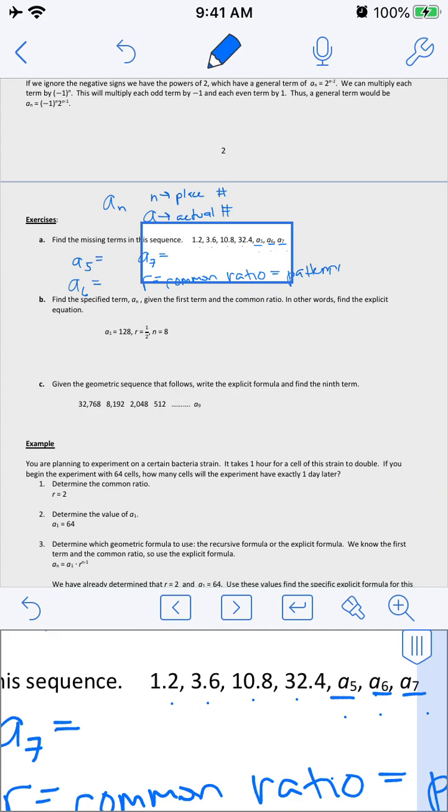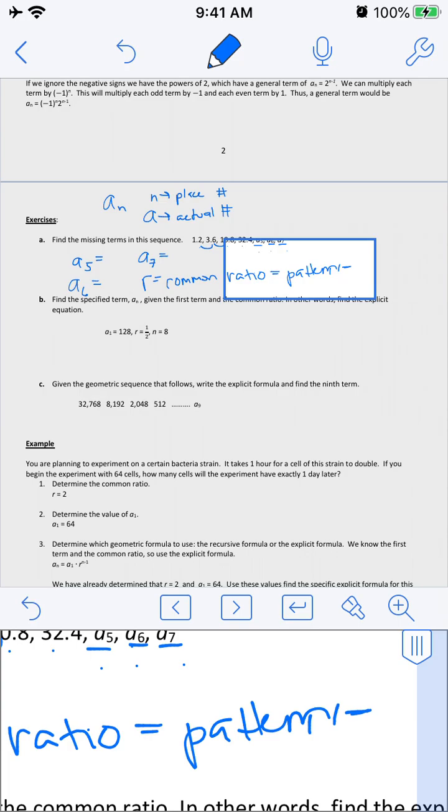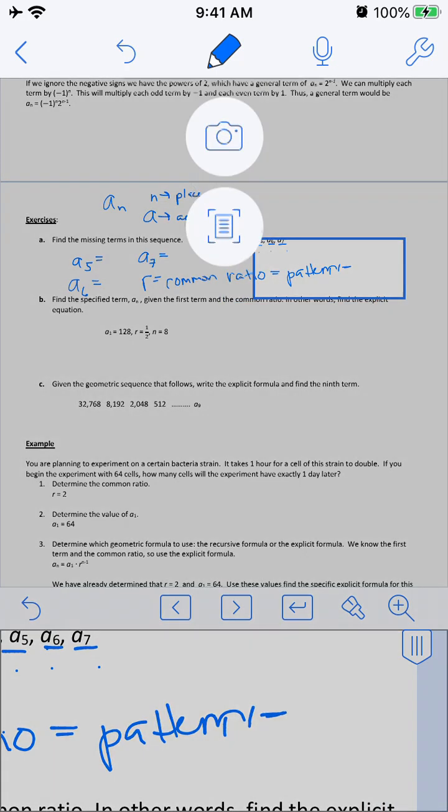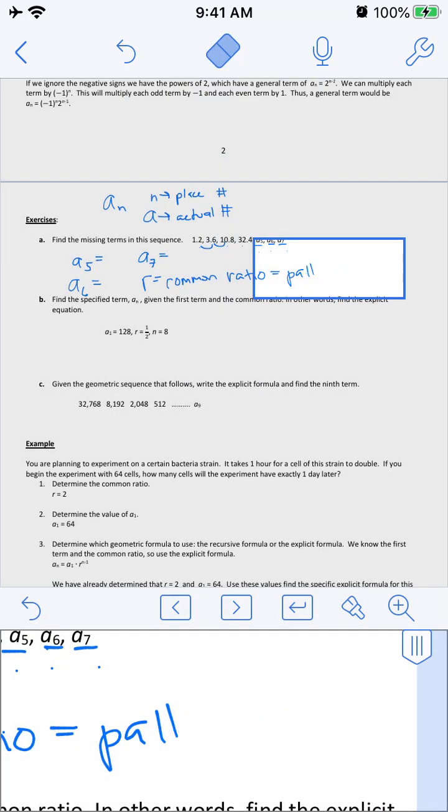I could jump to a calculator, divide 3.6 by 1.2. Oh, I found that to multiply by 3. Double check, 10.8 divided by 3.6. Ah, that's also times by 3. So times by 3 each time. Our common ratio, our pattern. Sorry, my pattern looks really weird. Spell that right. Pattern would equal 3.